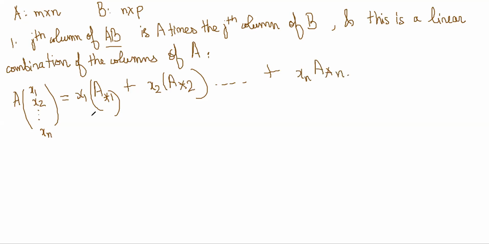So isn't this looking like a linear combination? Like x1, x2 and all are scalars, and if you had enough terms here, this would be a vector, right? This is a linear combination, no?